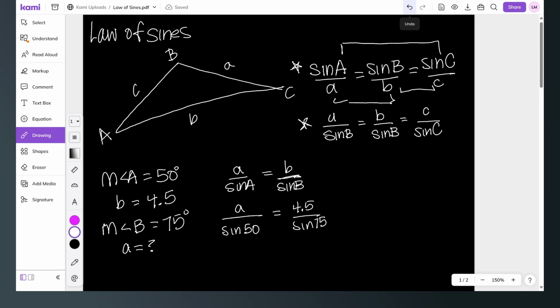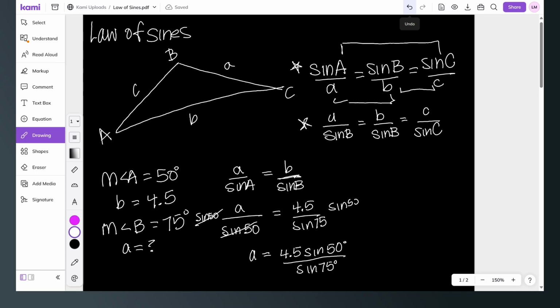So A equals, I'm going to cross multiply, multiply both sides by sine 50, so that gets rid of this. So A is equal to 4.5 sine 50 divided by sine 75.